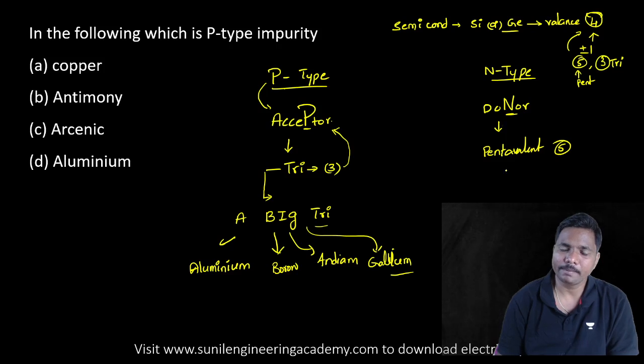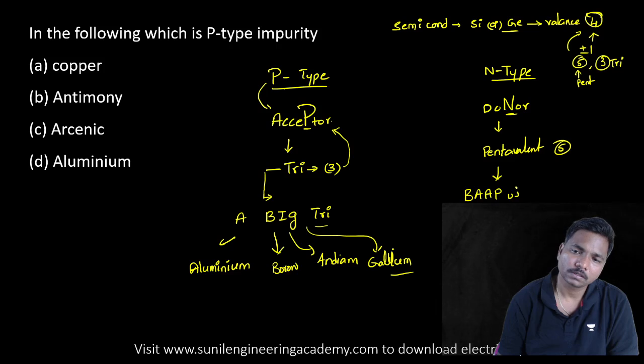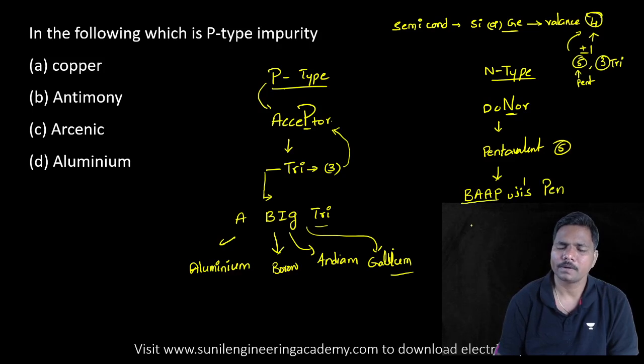And coming to the N-type impurities, "Bapuji's pen". Who donated the freedom to Indians? Bapuji donated the freedom to the Indians.